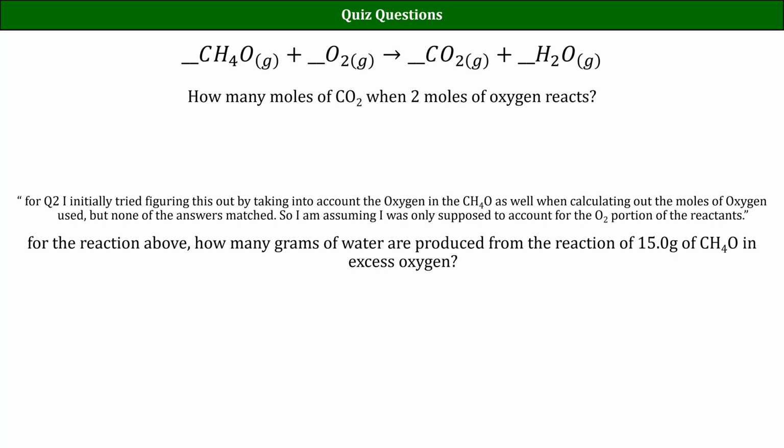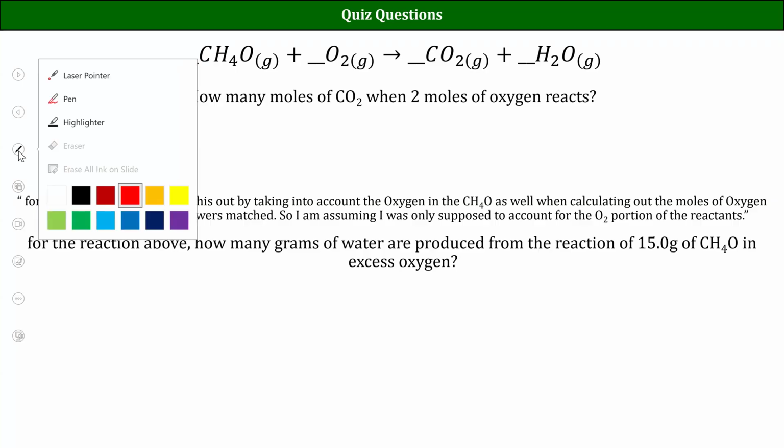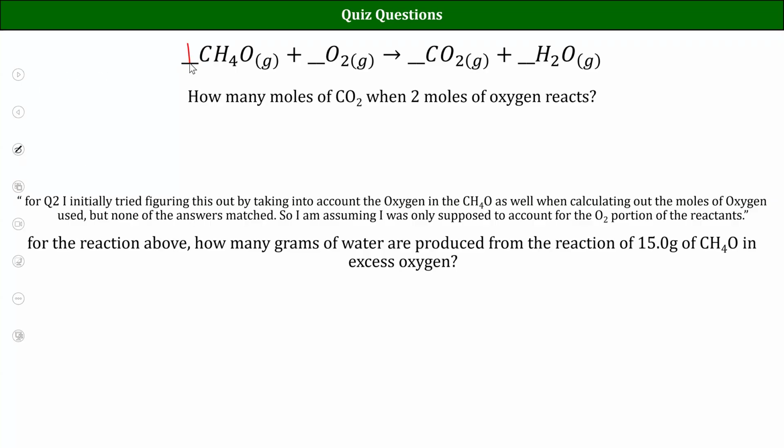What makes this one a little bit different is that our carbon hydrogen molecule also has an oxygen in it. So that's going to throw off our odd versus even approach. But we can still sort of guess and check. Start with the carbons. If I have one molecule of CH4O, also known as methanol, I can make one CO2 molecule, and I can make two waters.